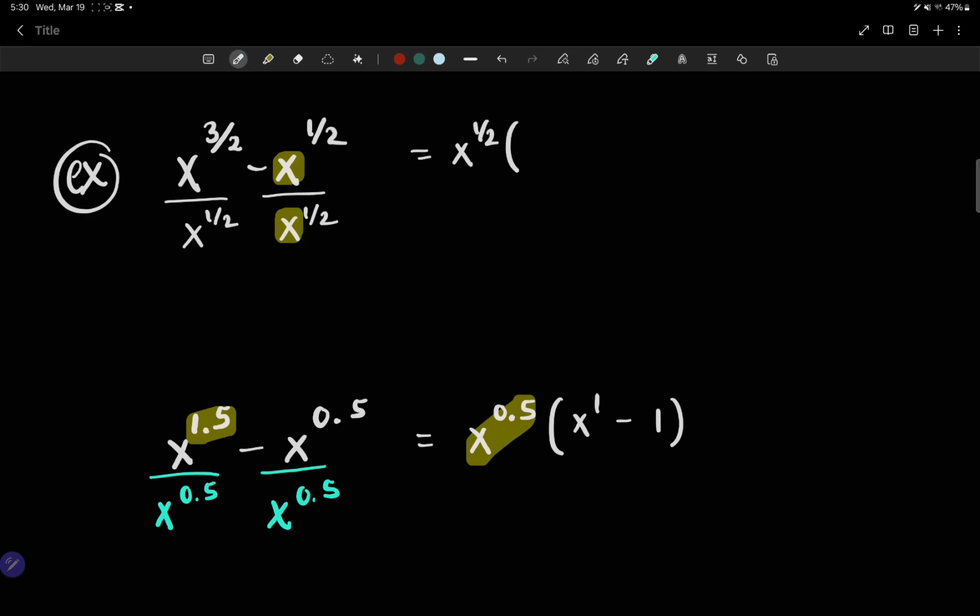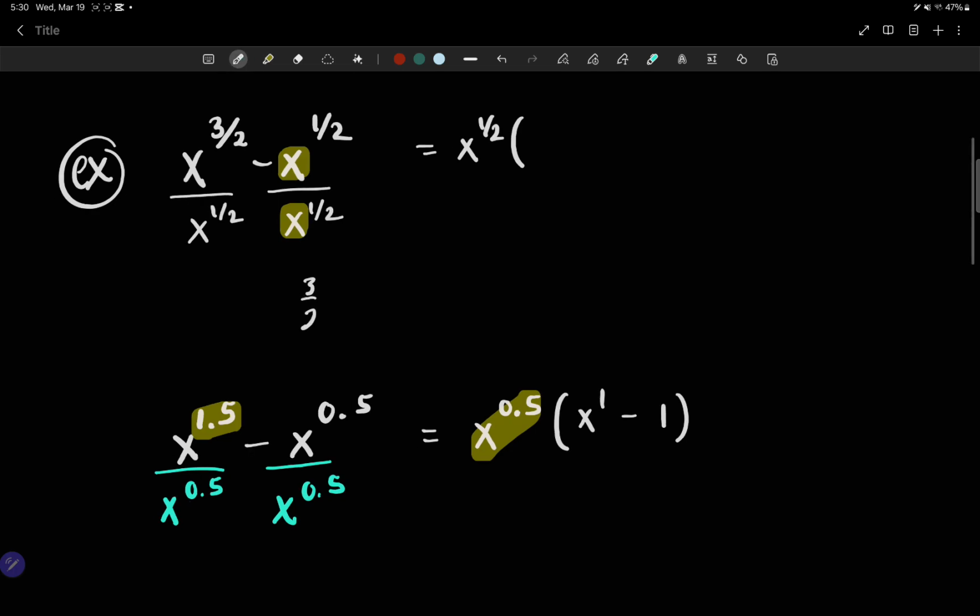So we end up getting 3/2 minus 1/2. I can actually do that because they have the same denominator. You can only add and subtract fractions if their denominator is the same. So 3 minus 1 is 2 over that same denominator, and then 2 goes into 2 one time, so that's all that's left over. That would be my exponent, which we expected. That's what we got when we looked at it in terms of decimals. So here I have an x to the first power.